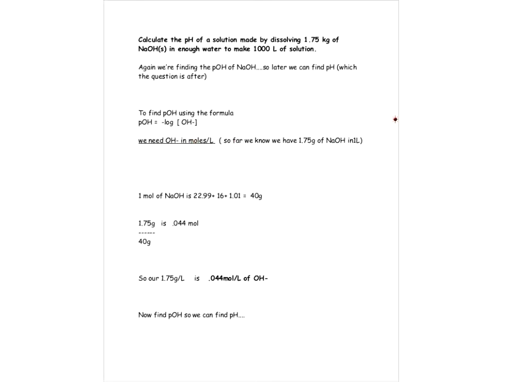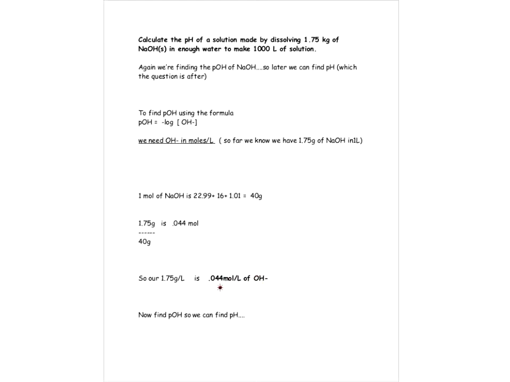So what we do is we look at the fact that 1 mole of NaOH is 40 grams. So we do the conversion to see how many moles we have. How much is 1.75 grams going to be? It's going to be this many moles using this calculation. So we find out how many moles we have of NaOH, and if we have this many grams of NaOH per liter, we have this many moles of NaOH per liter.